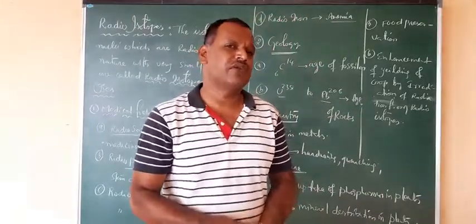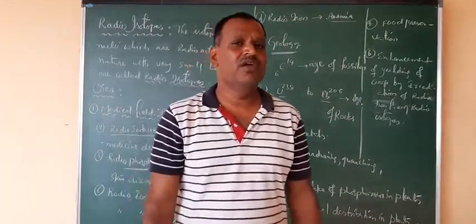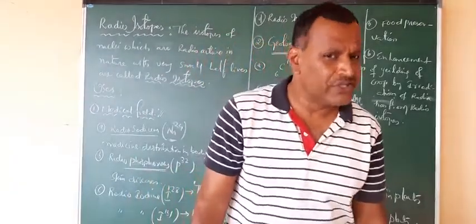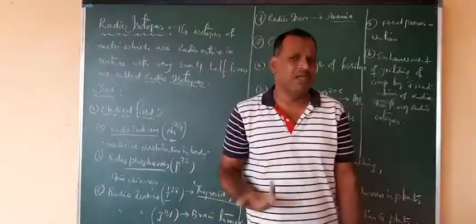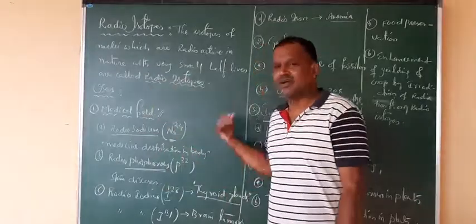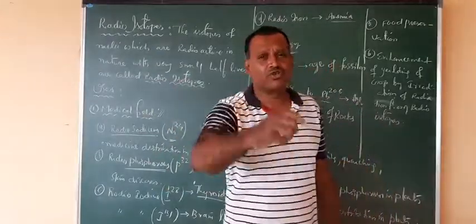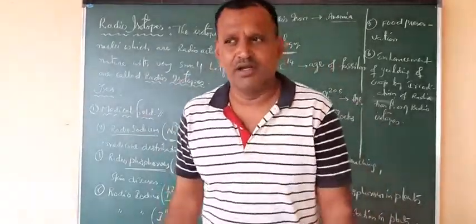Right? So that is another application of radioisotopes. What are radioisotopes, where can they be used or applicable, right? So these are the different observations where radioisotopes can be applicable.